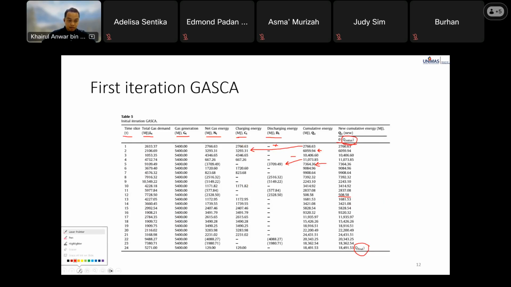So GT new equals GT old, which is 5,400, minus Q final, 15,400, minus 0 over 24. I'm sorry.